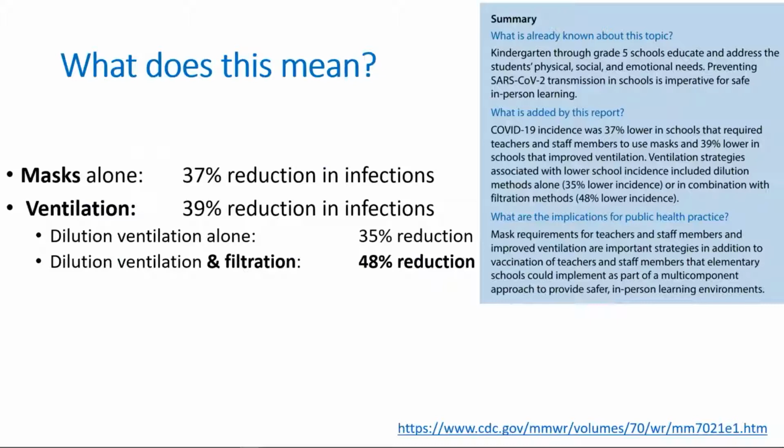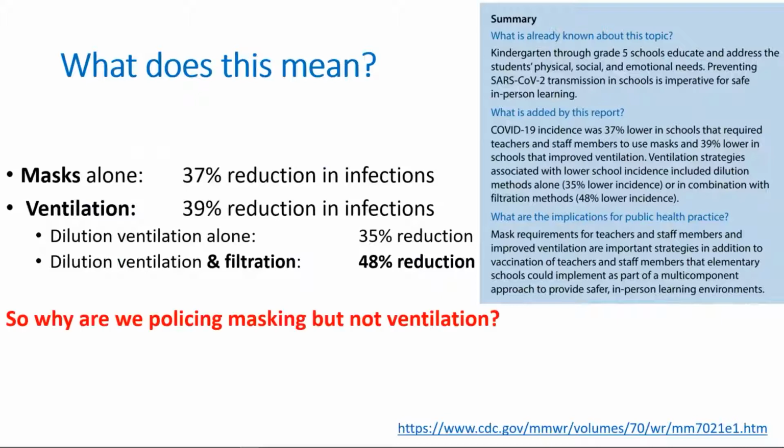Ventilation alone gave a 39% reduction in infections. And if you use dilution, ventilation, and filtration, you got a 48% reduction in infections. And so this kind of makes you wonder why we're so adamant about policing masking, but we're not so adamant about policing ventilation.